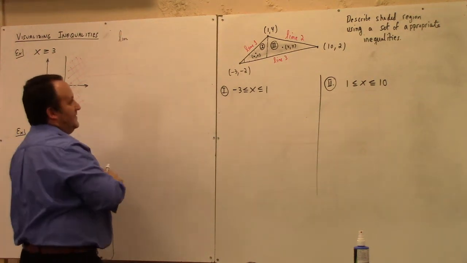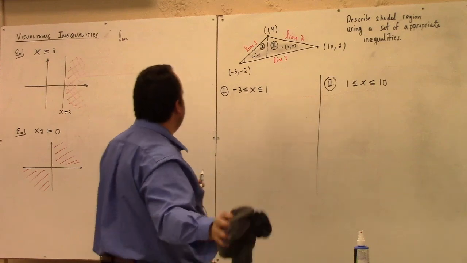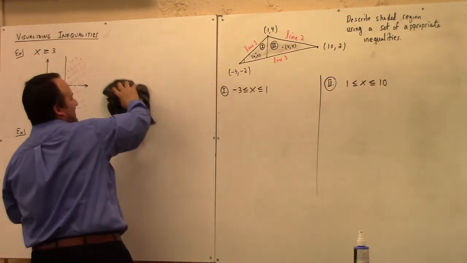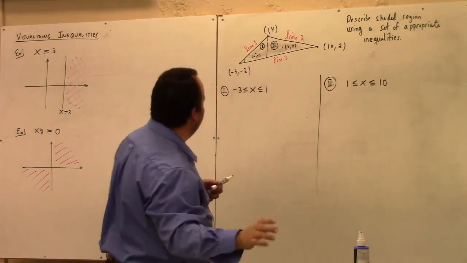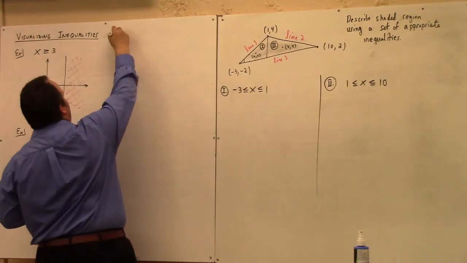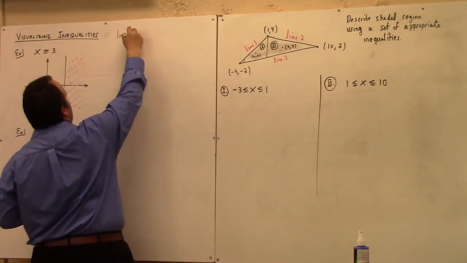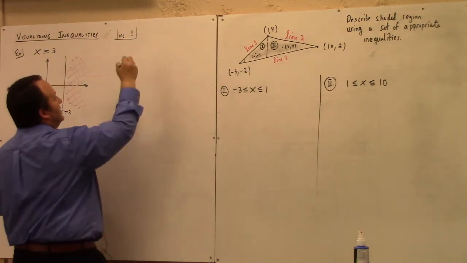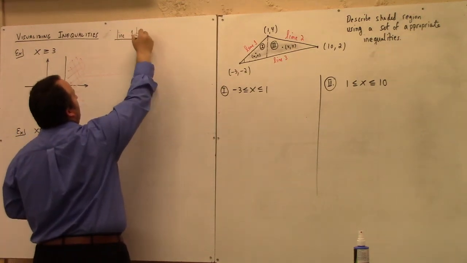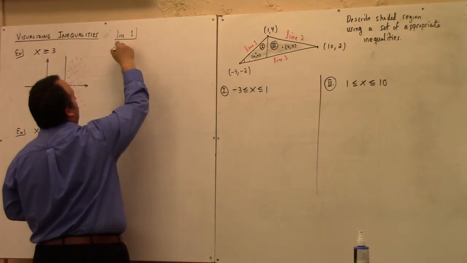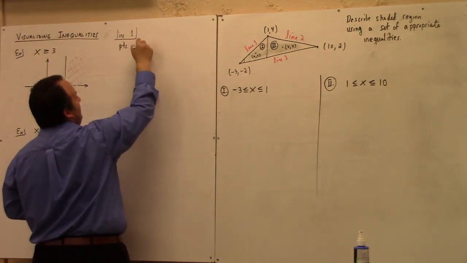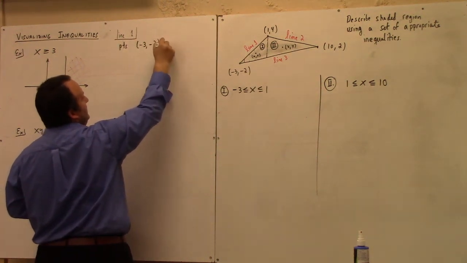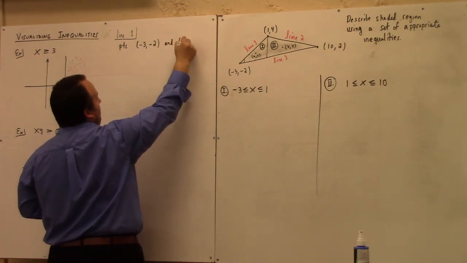Say line 1. We know that points (-3, -2) and (1, 4) are on the line, right?